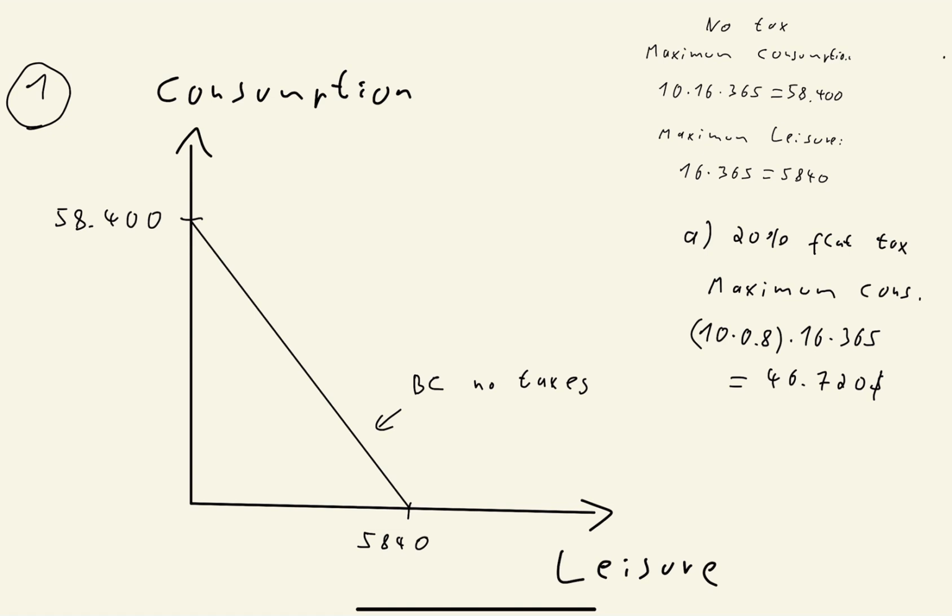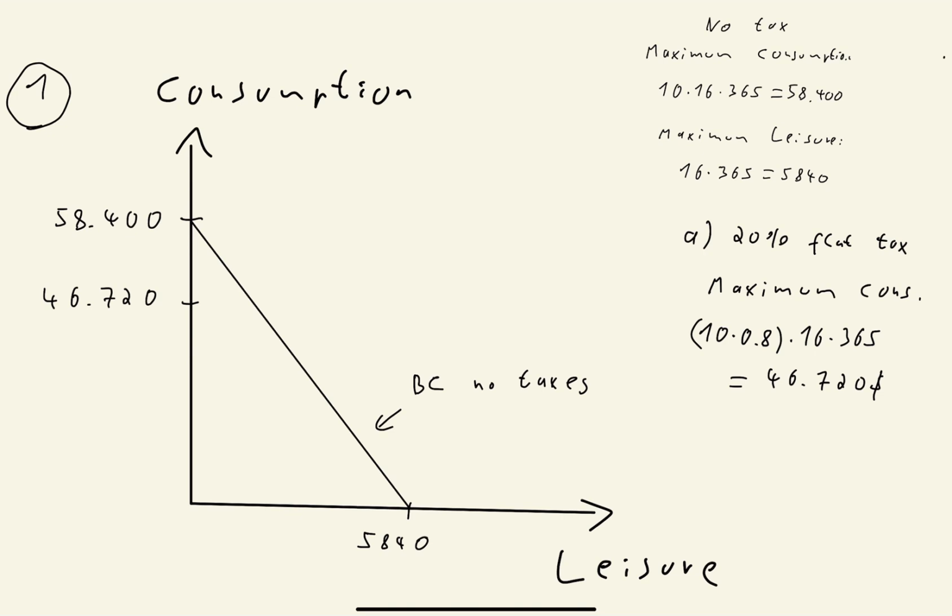So, the distances will not be fully accurate here, but it's supposed to be somewhere around here. So then we have 46,720.